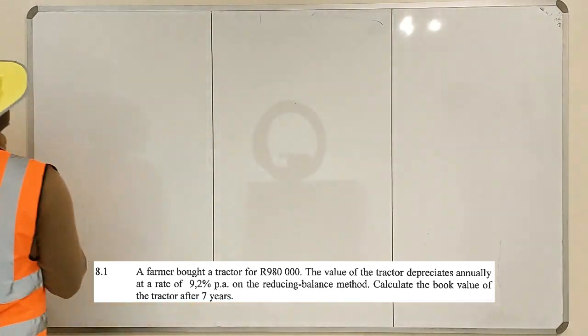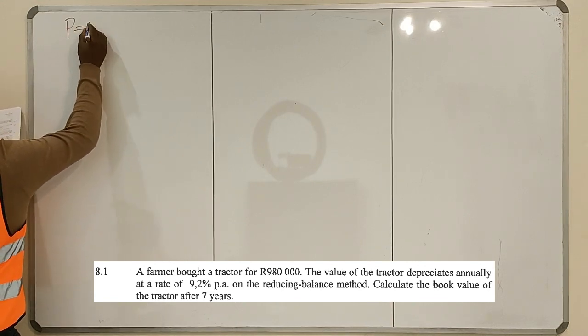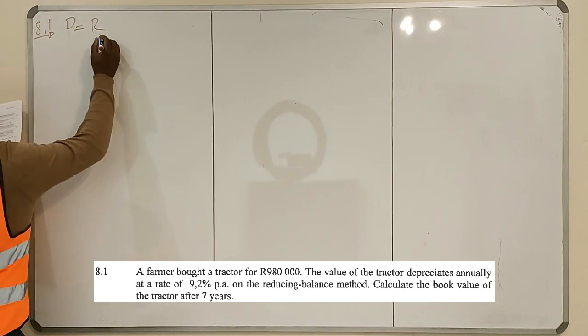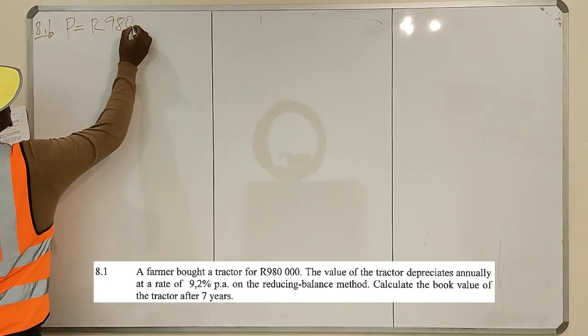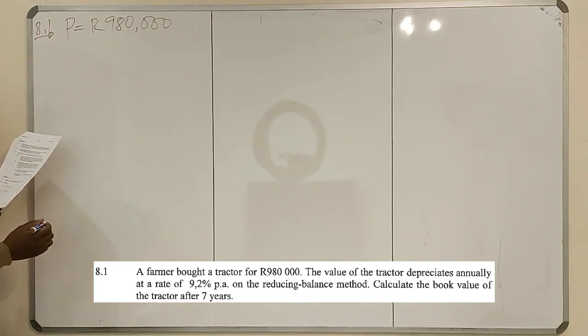We say, okay, the guy purchased the tractor for what? This is 8.1, right? The guy purchased the tractor for 980,000 rands. And then this tractor depreciates on the reducing balance method at a rate of what?